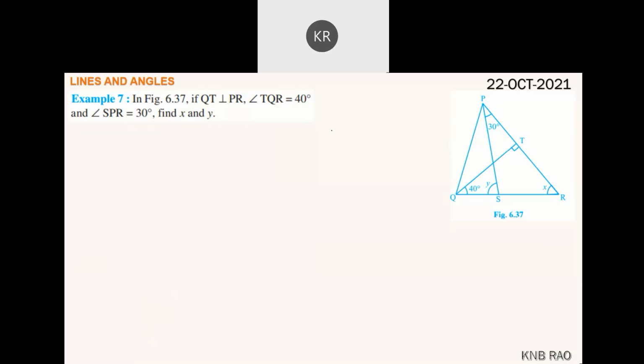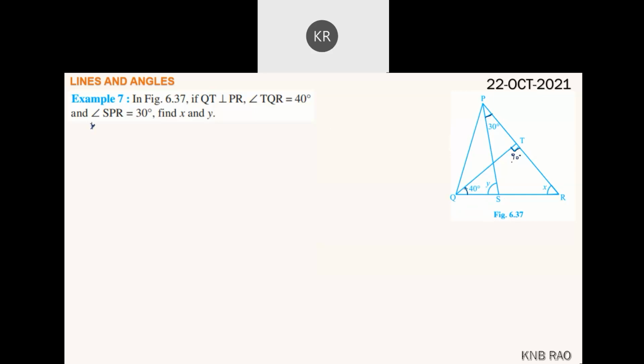In this figure 6.37, if QT is perpendicular to PR and angle TQR is 40 degrees and angle SPR is 30 degrees, find XY. This sort of question is very important for your upcoming exam.